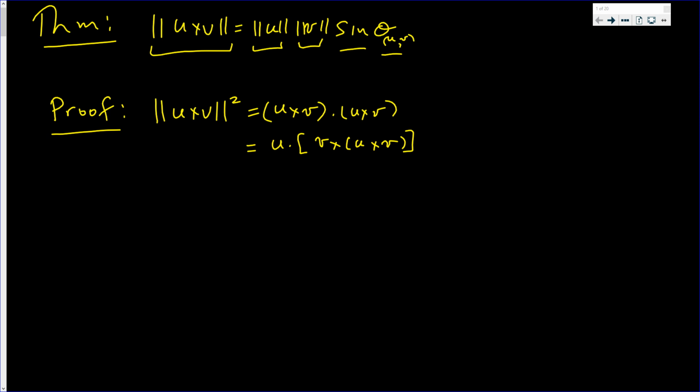Now, this is the same as u dot, whatever is inside those parentheses. For one of the properties that we showed earlier, this is u dot v cross v dot v in the u direction, minus v dot u in the v direction.